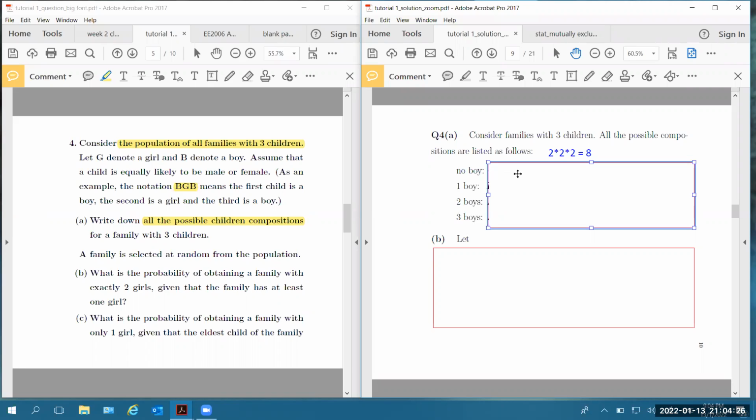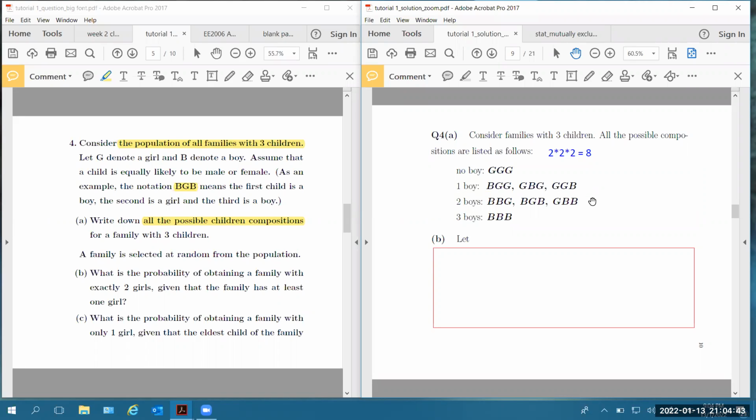In each of these it's more manageable. For example, no boy means only girls. With 1 boy, the boy can be the first one, the second one, or the third one. This is how I write down the 8 possible compositions in a systematic way.